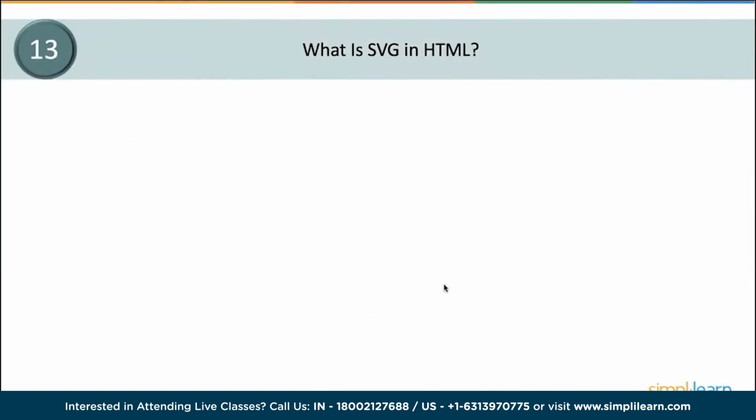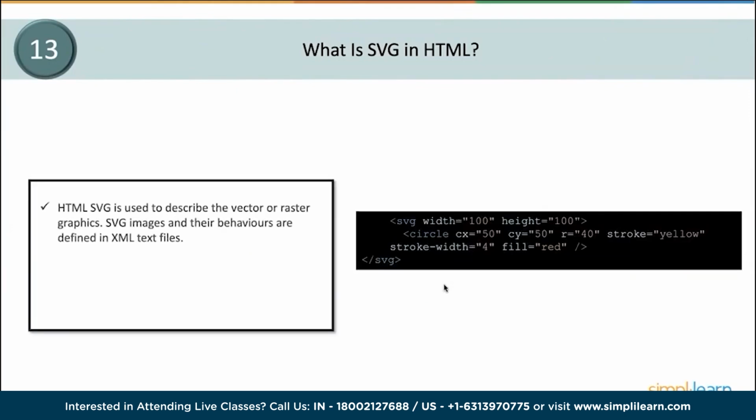What is SVG? SVG is a kind of graphic which is written in XML language. SVGs are high quality graphics which don't degrade when you increase or zoom.